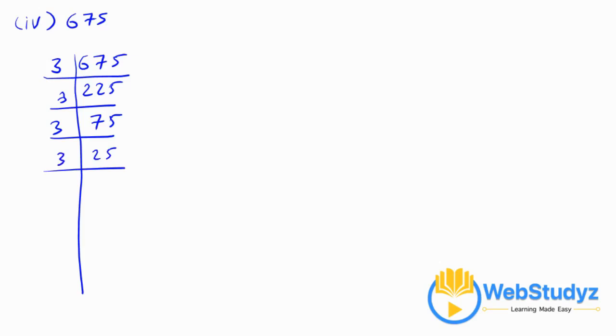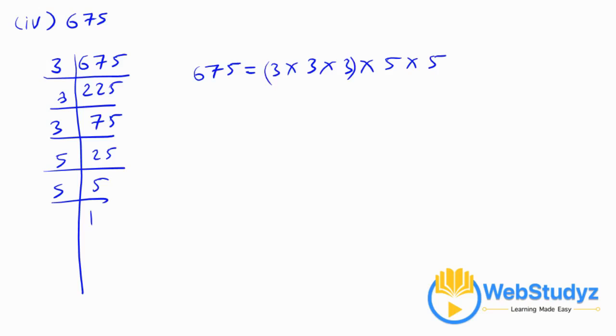Again dividing by 5, we get 5. Now dividing by 5, we get 1. So the factors of 675 are 3 into 3 into 3 into 5 into 5. As we can see, we have a triplet of 3, but we don't have a triplet of 5. So the smallest number that can be multiplied to 675 to make it a perfect cube is 5.